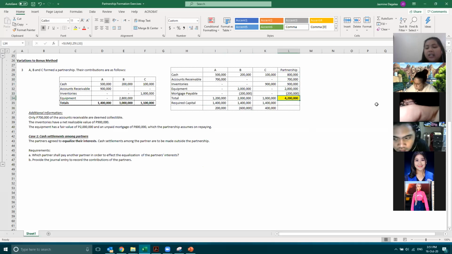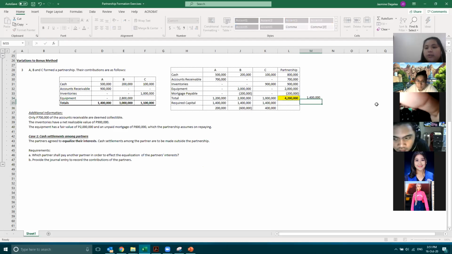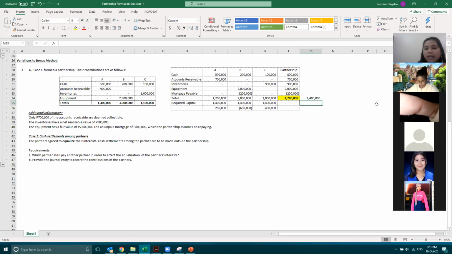Ngayon, they agreed that they should equalize their capital balances. So, equal credits to their capital accounts. So, i-divide nyo ngayon by 3. Ito yung required capital of each partner para equal sila.